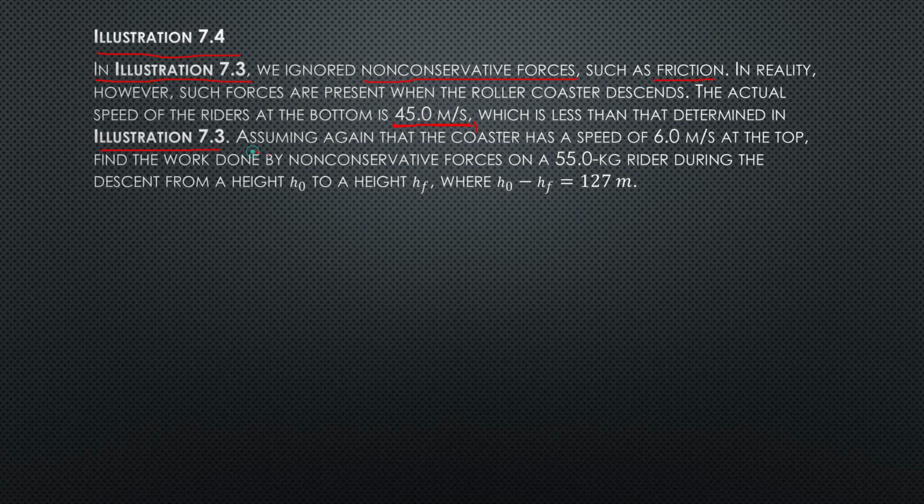Assuming again that the coaster has a speed of 6 meters per second at the top, find the work done by the non-conservative forces on a 55 kilogram rider during the descent from initial height to final height, where h initial minus h final is equivalent to 127 meters.